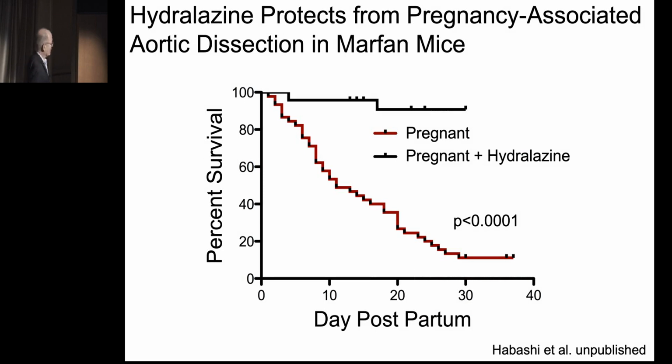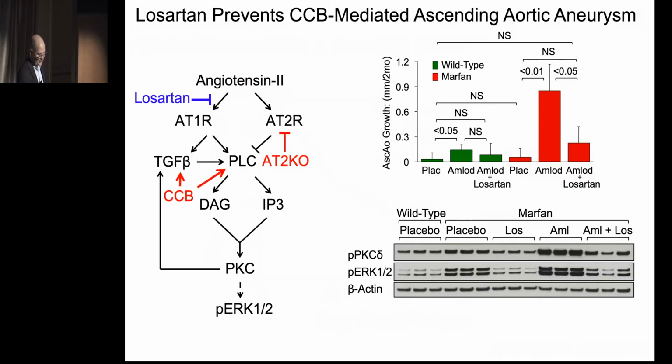This was important because hydralazine, unlike angiotensin receptor blockers, are safe to use during pregnancy. Hydralazine is also FDA approved, and you can see that it leads to dramatic protection against pregnancy-associated aortic dissection in this model.